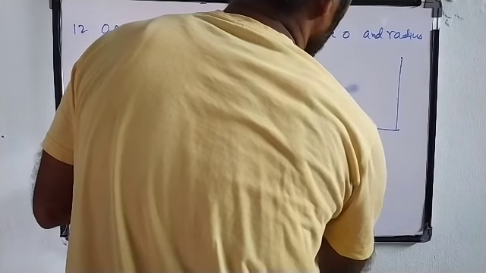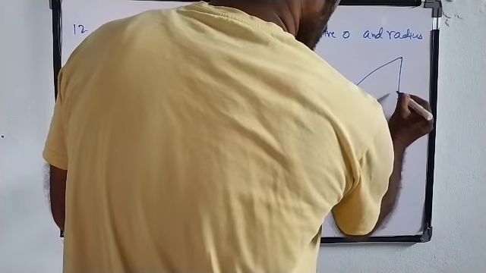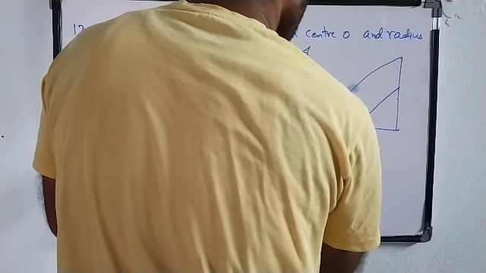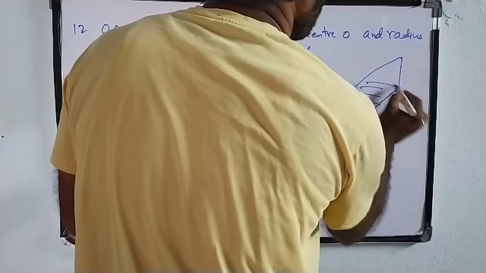So there is a quadrant here with a triangle. So he is asking for this shaded region also.